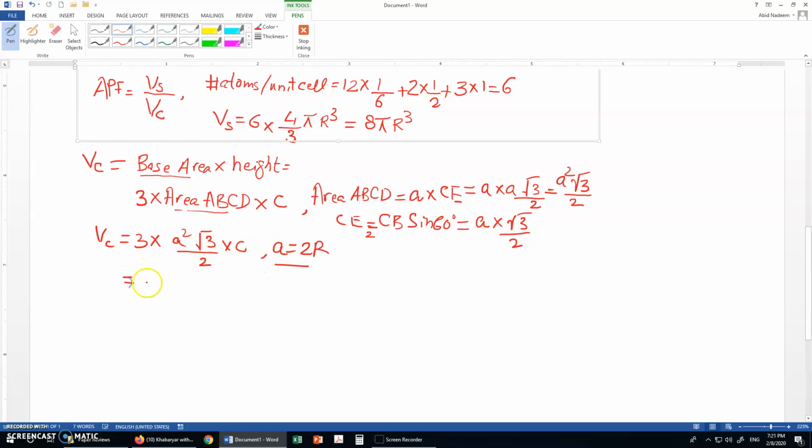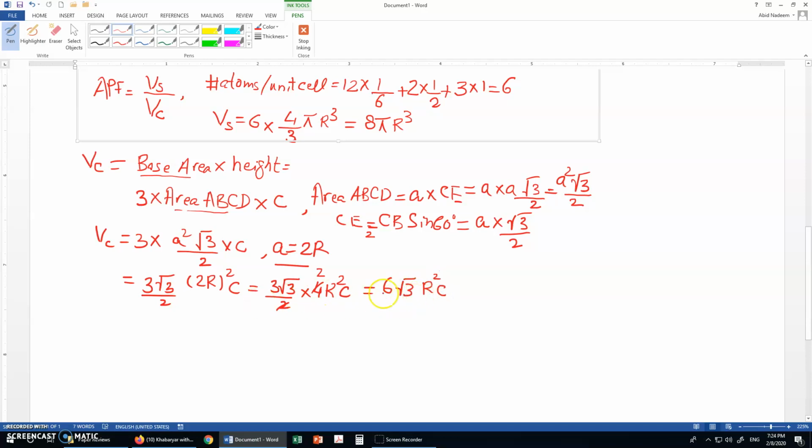Then this will be 3 square root 3 by 2 A square, that means 2R square, times C. So 3 square root 3 by 2 times 4R square C, and it will be equal to 6 square root 3 R square C.